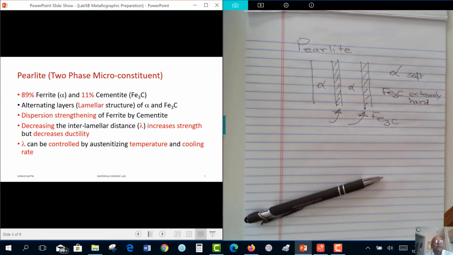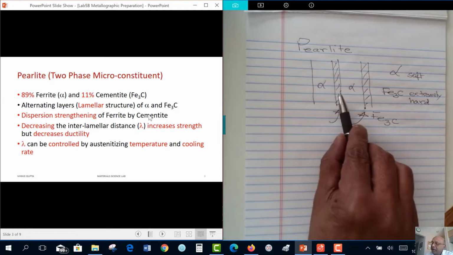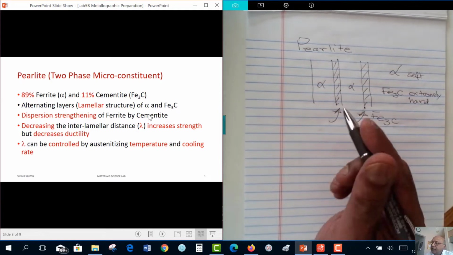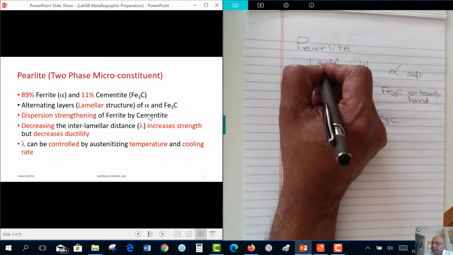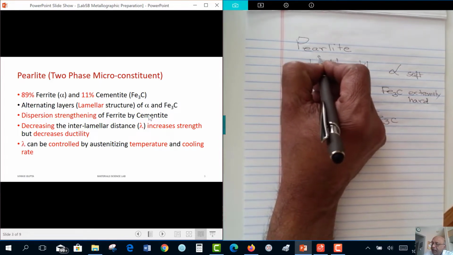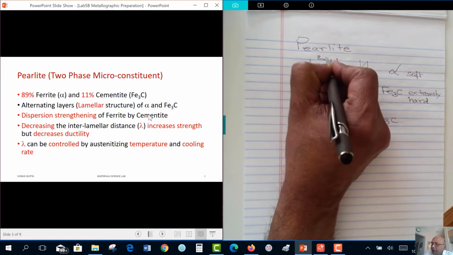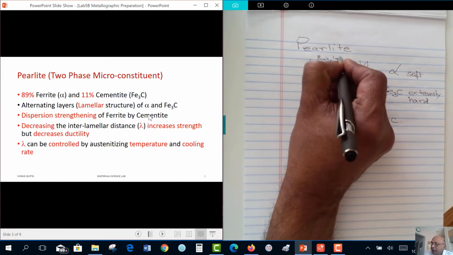So what we are doing is when we have these alternating layers of alpha and Fe3C, this Fe3C cementite strengthens the ferrite by its dispersion because we are dispersing very fine layers of cementite. So remember, 89 to 11% means if this is 8 units long, then this is only 1 unit long.